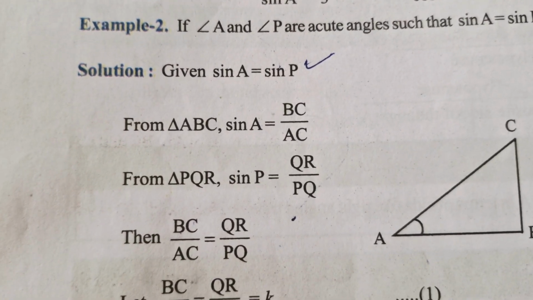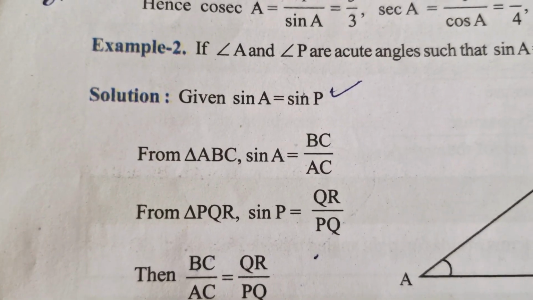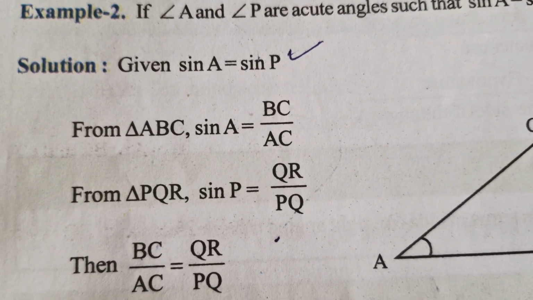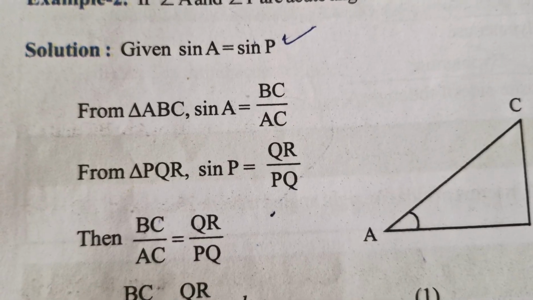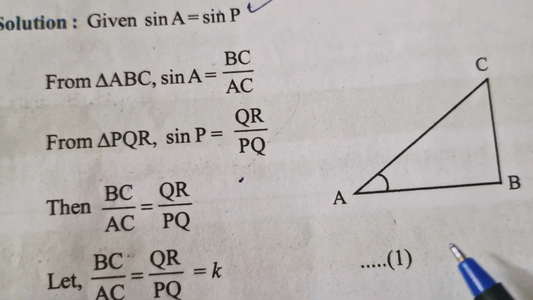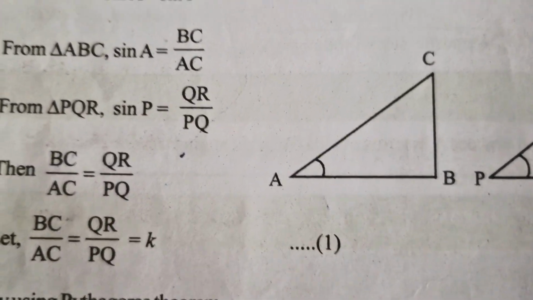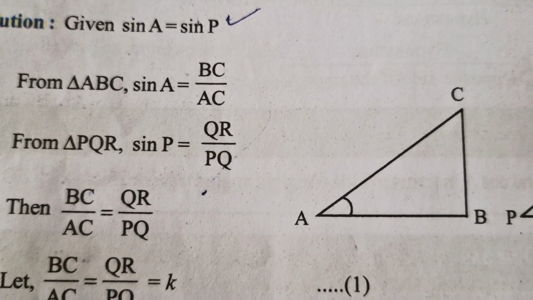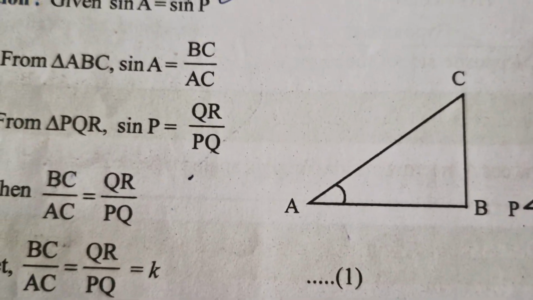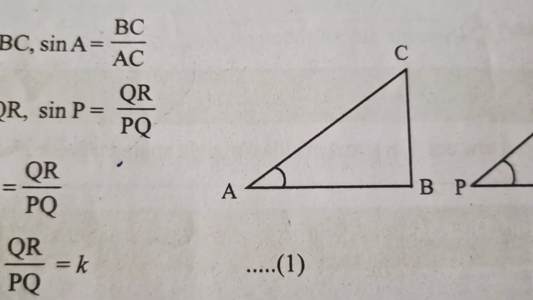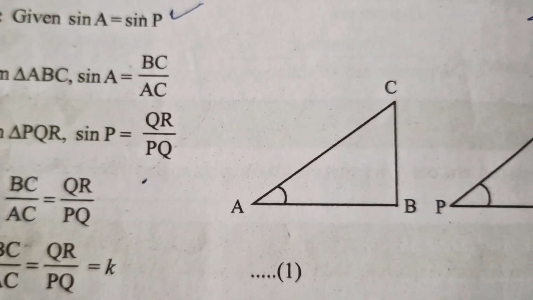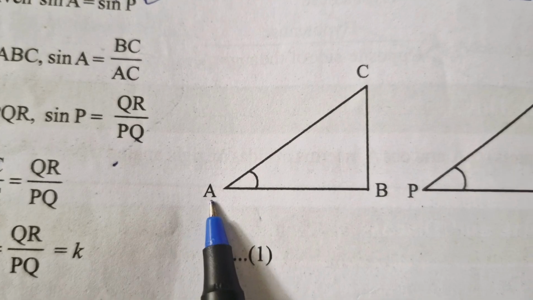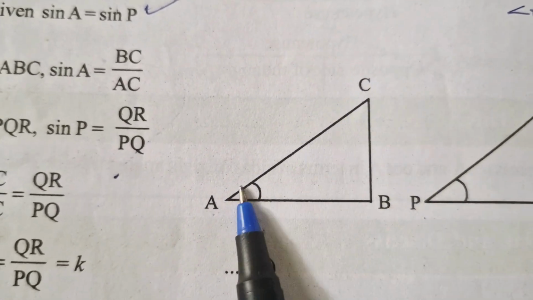Given that sin A is equal to sin P. What is sin A? What are the ratios? Sin A is equal to opposite by hypotenuse. In the triangle ABC, the opposite side of angle A is BC and the hypotenuse is AC.